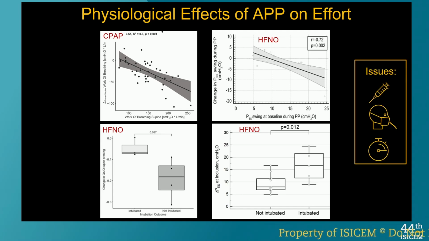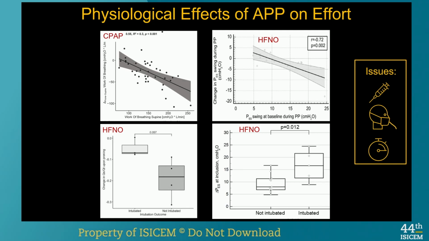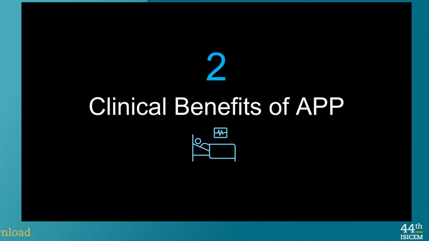And the issues are this, because some studies use sedation, some others use different interfaces, and the time spent in prone position varies quite a lot, as we will see later on, and this is a major confounder for effect in this population. So this is just briefly about the physiology, but what about the clinical effects?